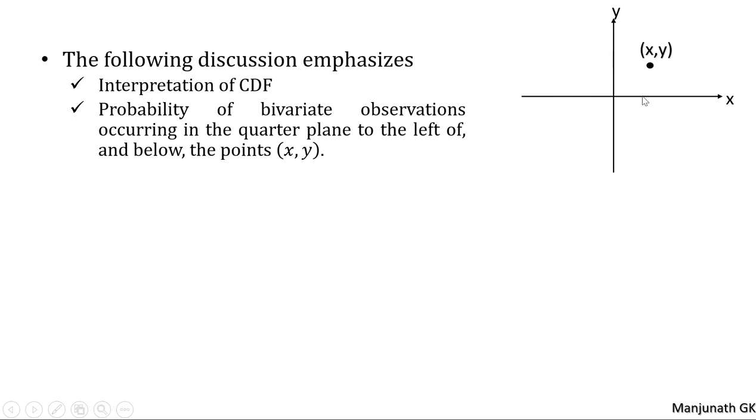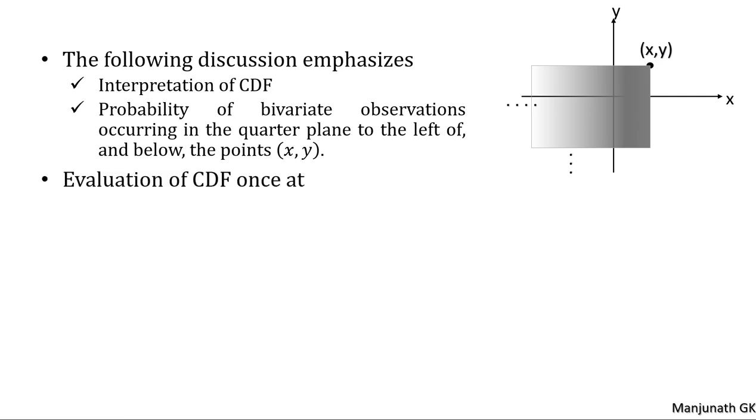Left of the point means this complete area, and below the point, then this is what a CDF is. For this given statement, this is an assumption here. This is a CDF, that is, a probability of bivariate observations located to the left of and below the point x, y.